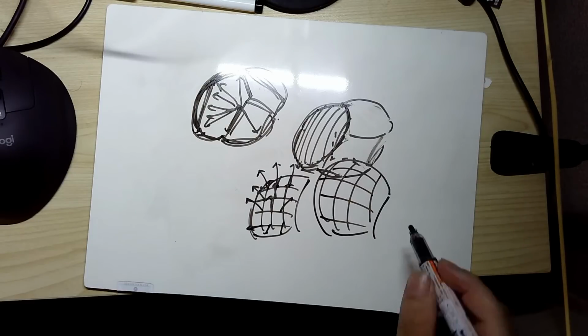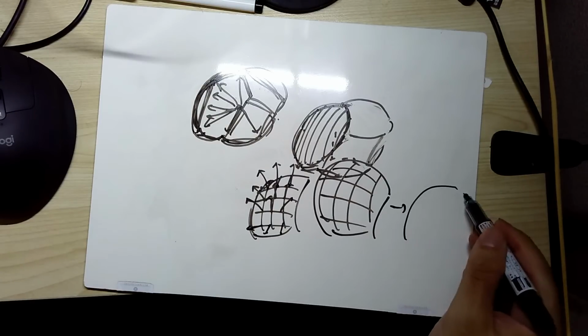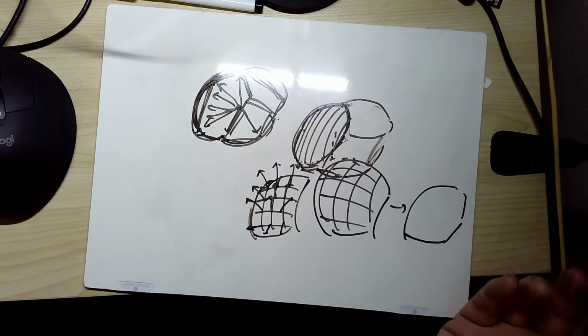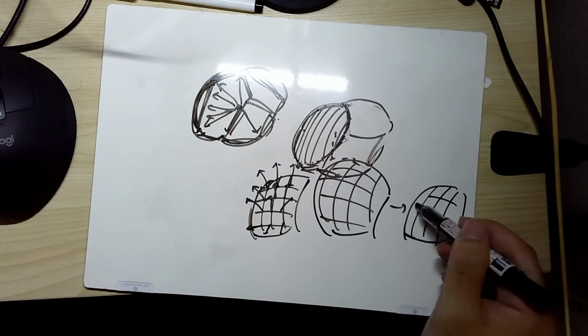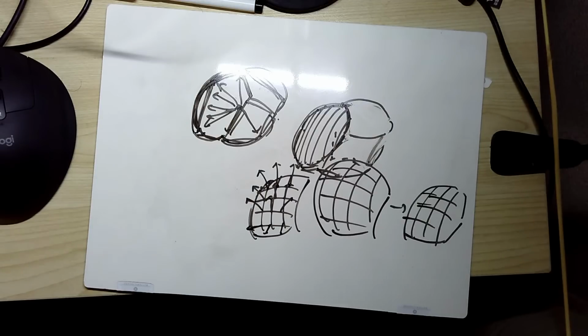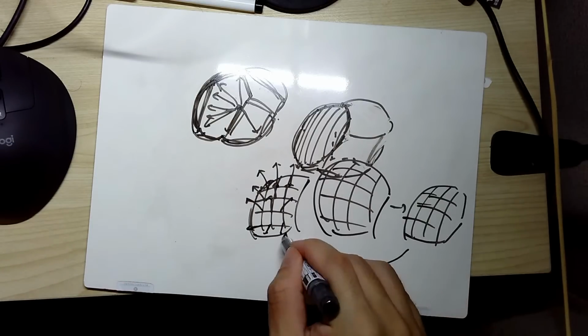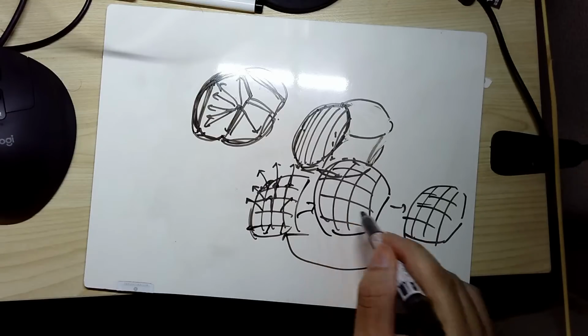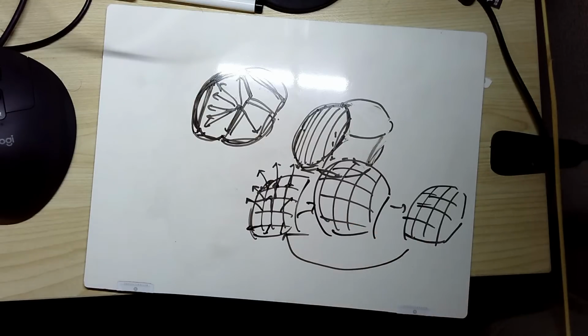Do the Laplacian smoothing to make it smoother, or try to make the surface a bit smoothen out, and continue doing this for several times. In the end, you get kind of a similar result to what you get out of the physical simulated inflated result.